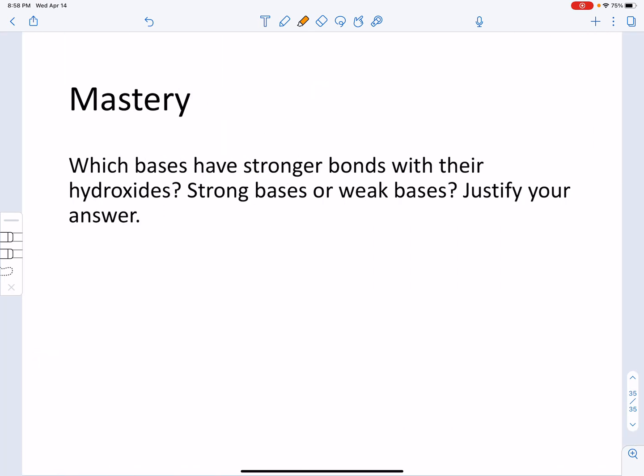All right, so which bases have stronger bonds with their hydroxides? Strong bases or weak bases? Justify your answer. Same kind of question that we had before.